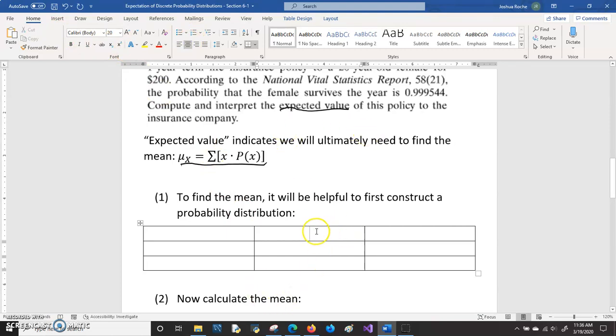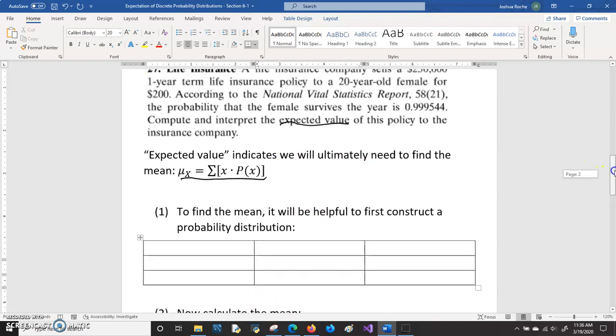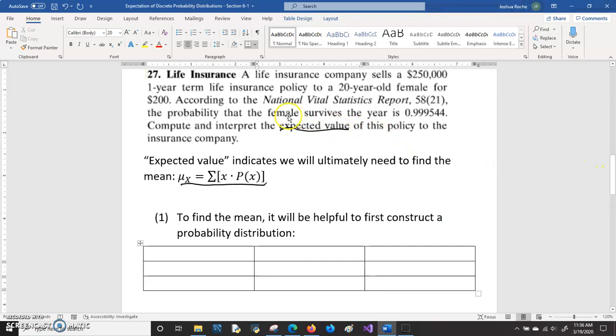One thing is to figure out what x is representing, and that's going to represent whatever they're asking about in the problem. They're asking about the expected value of that policy to the insurance company. So that's a monetary value. So our x is going to be the monetary value.